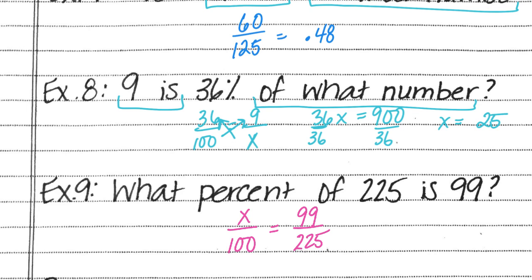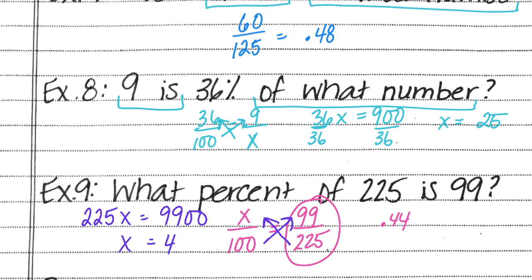But this kind of helps us know, because when you divide 99 by 225, you get 0.44. But when you actually do the cross multiplication here, 225x is equal to 9,900, you actually get that 44%. So you'll just put it right in.